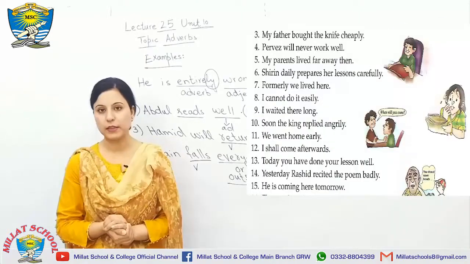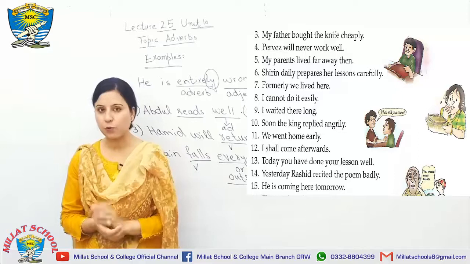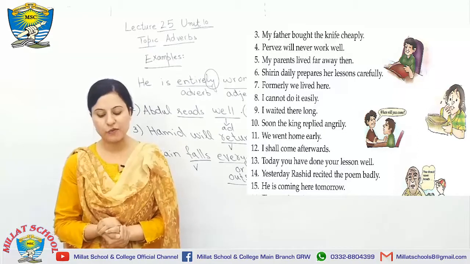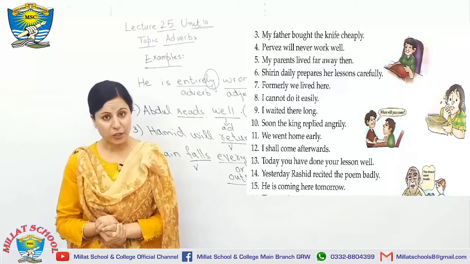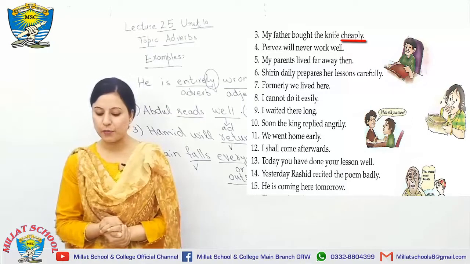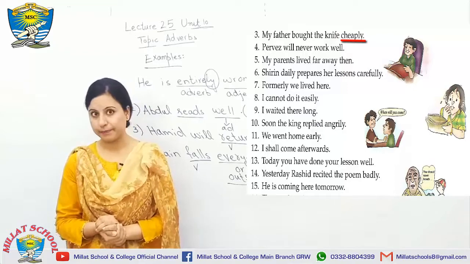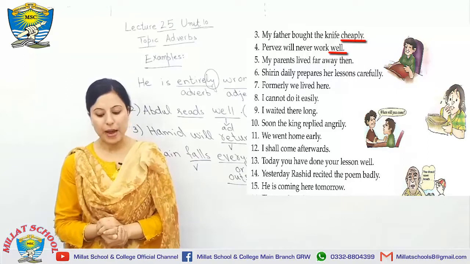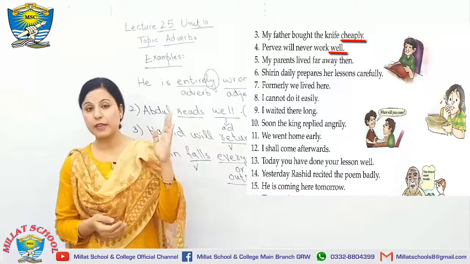Page number 133 tells us about more examples. For example, number 3, my father bought the knife cheaply. Which one? Cheaply, yes. Number 4, Parvez will never work well. Well, his manner, well. Number 5, my parents lived far away then.